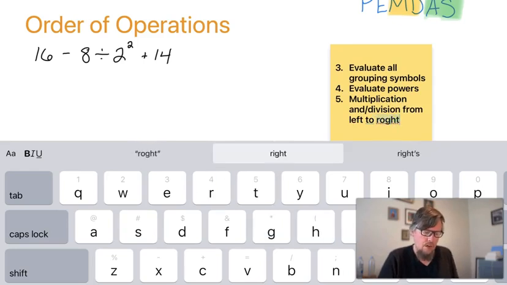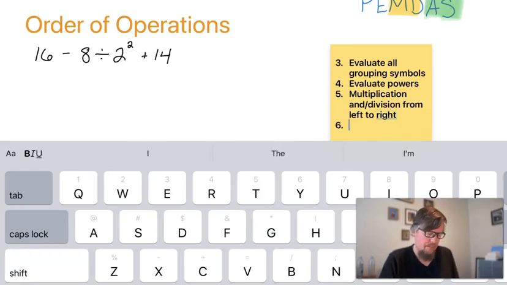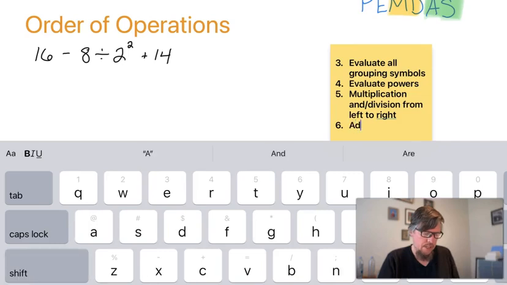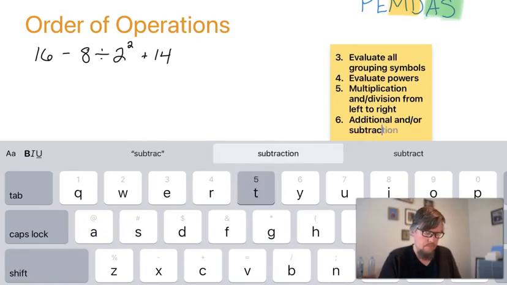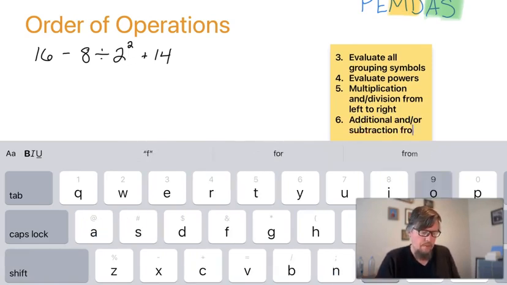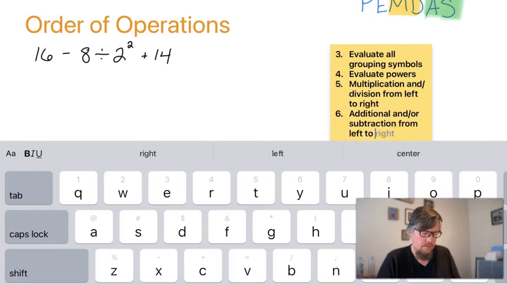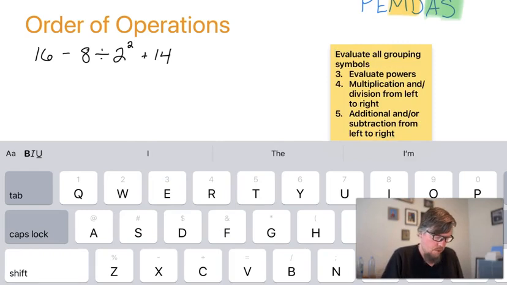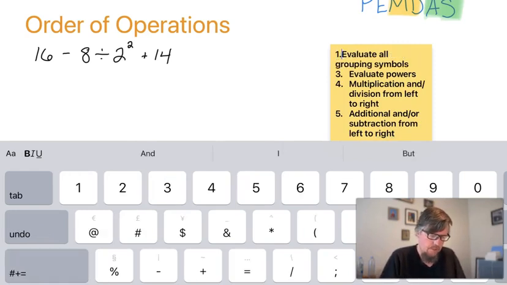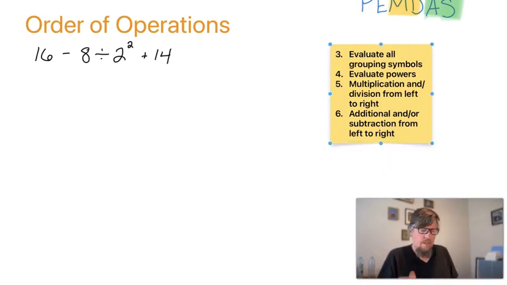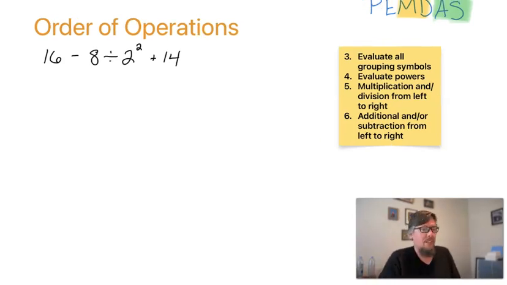And then our final step is going to be addition and subtraction. Addition and or subtraction from left to right. Okay, so this is our order of operations. I have no idea why it's not numbering correctly, but we're just going to live with it.